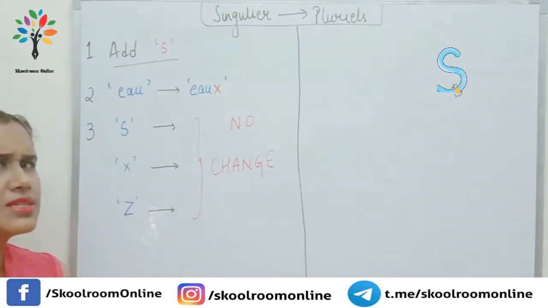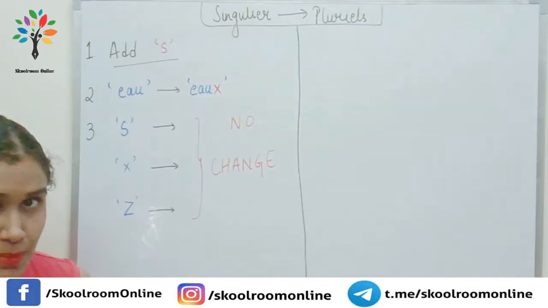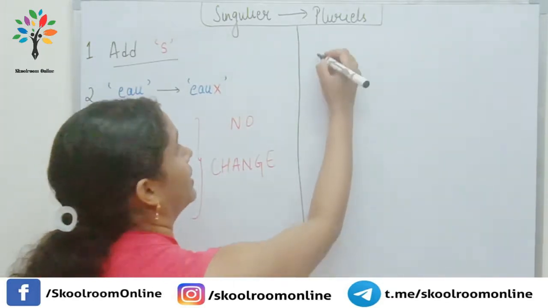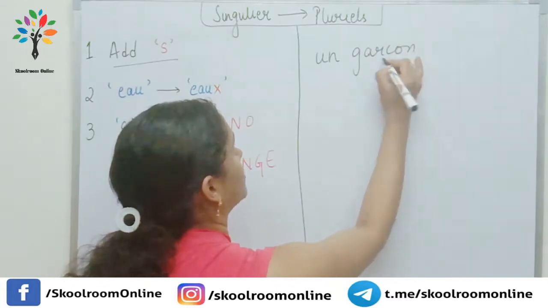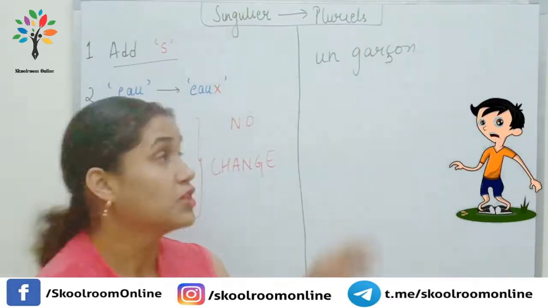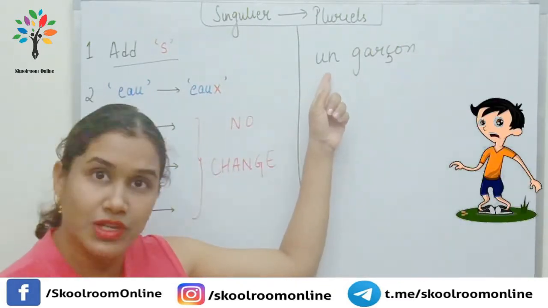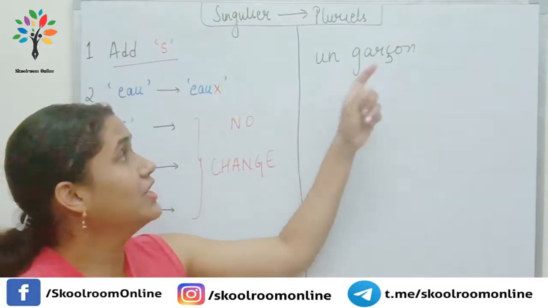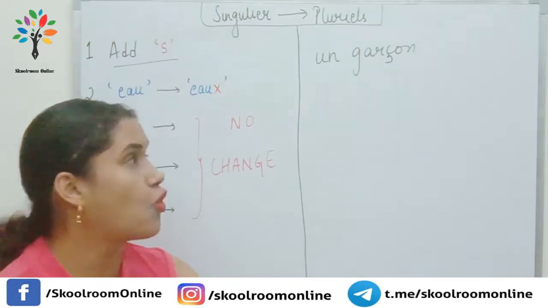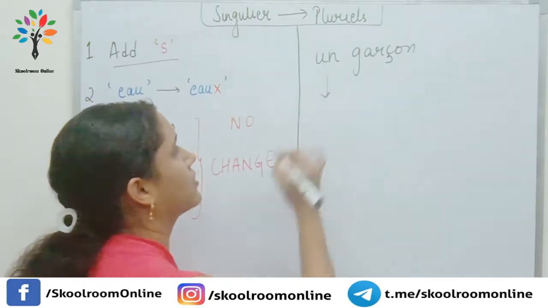Okay? Now let's have a look at a few examples. So we have "un garçon". A garçon is a masculine noun, which we can make out from the article also. Now when I need to change it to its plural form, first I will change the article.